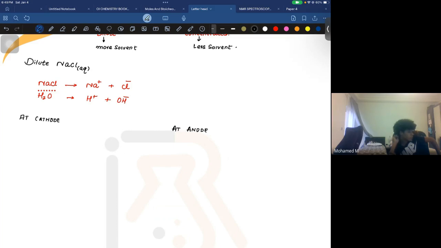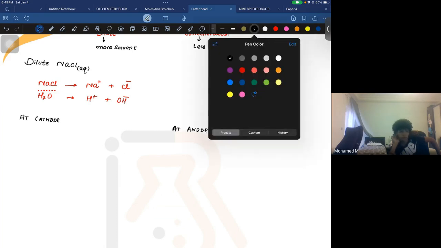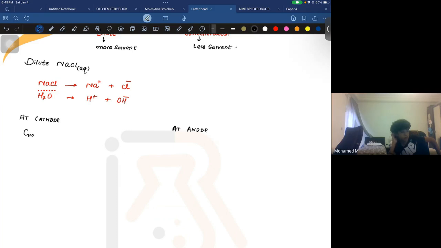But this is aqueous. In aqueous, all the time you have to remember that group 1 and group 2 metals will never go to the cathode.